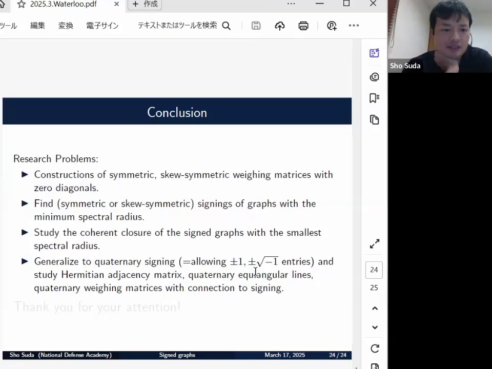So this quaternary signing is related to this matrix, the Hermitian adjacency matrix, and also to quaternary equiangular lines. Also, the quaternary rank matrices and the quaternary Hadamard matrices should appear in this framework. So I want to think more about these 4 topics later.